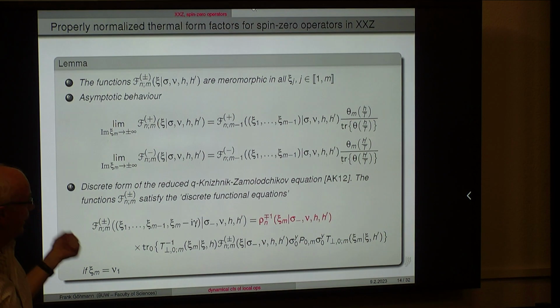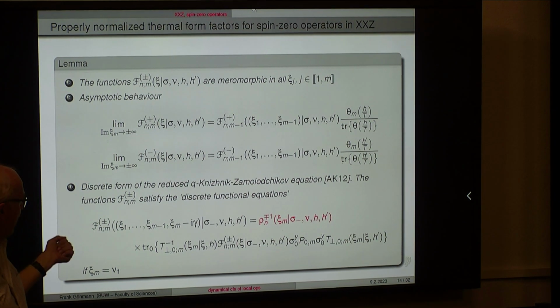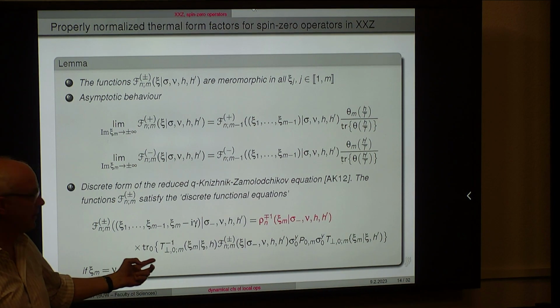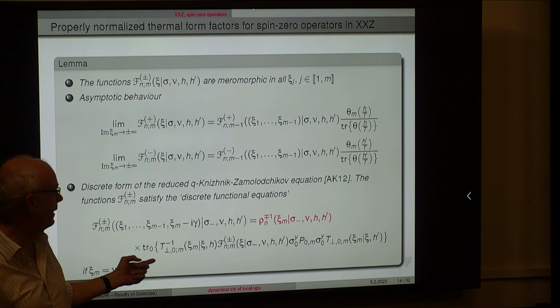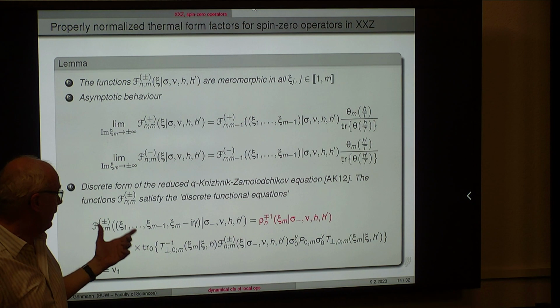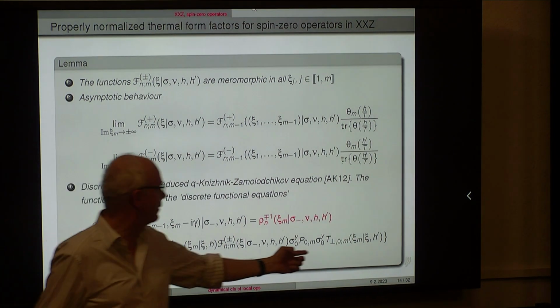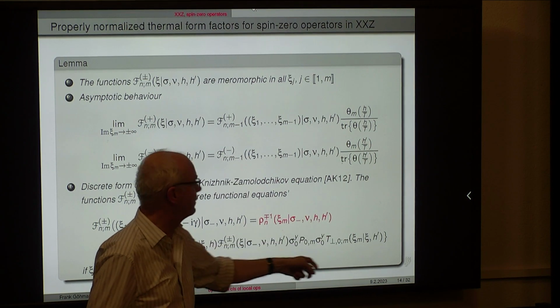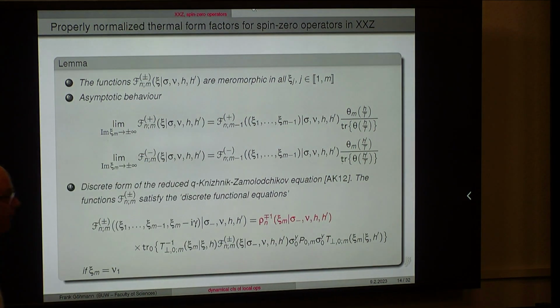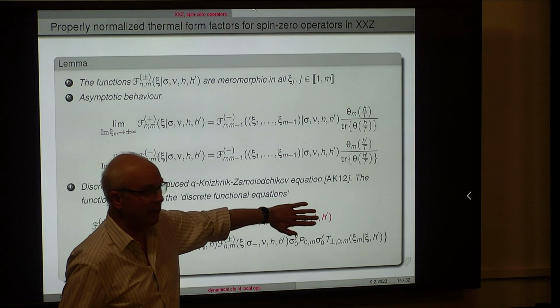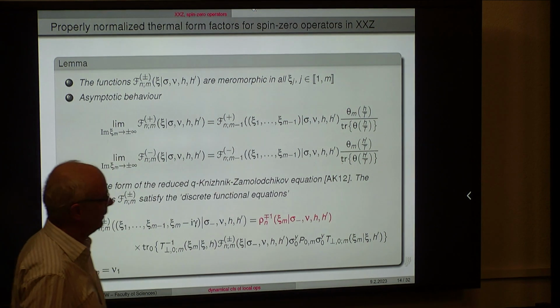This equation is something where you shift by the constant parameter, and then there is this operator which was A in Henrik's talk, some linear operator acting on F, and you can express it in terms of the monodromy matrix F1. Usually people consider this when there was 1 here.